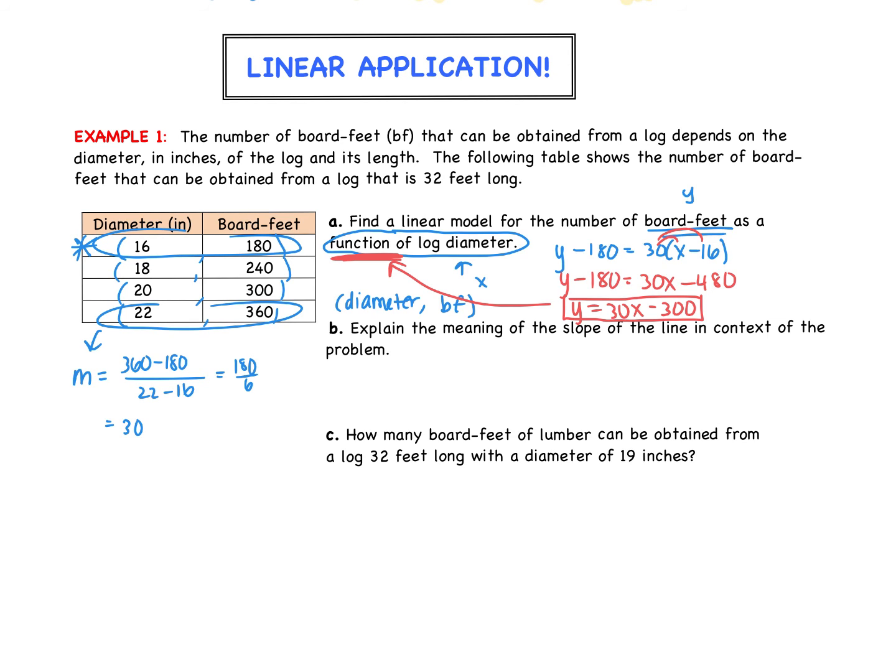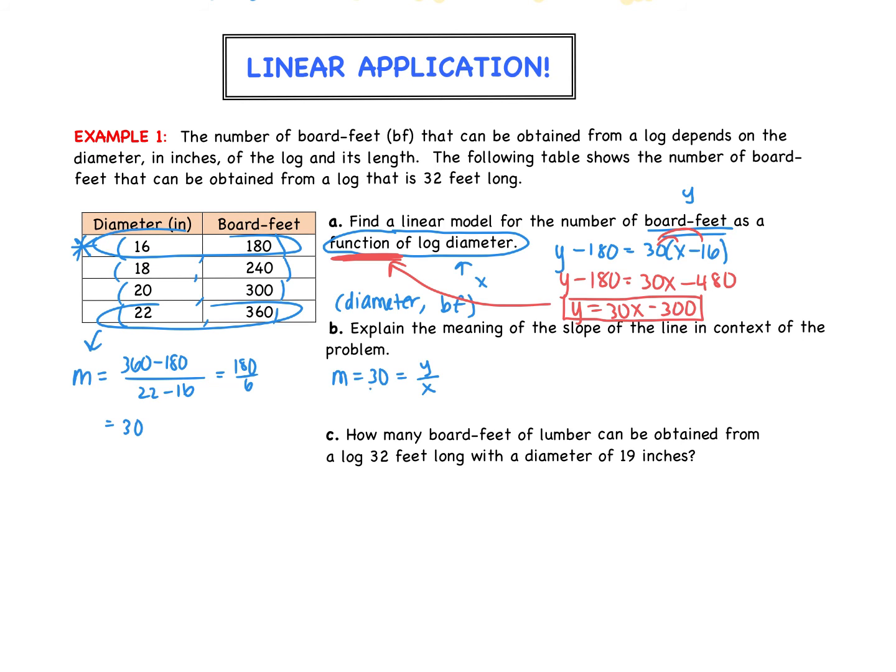Okay, B, explain the meaning of the slope of the line in context of the problem. From our equation, the slope is 30. If we remember, slope is always change in y over change in x. It's more helpful then if our slope is a fraction.